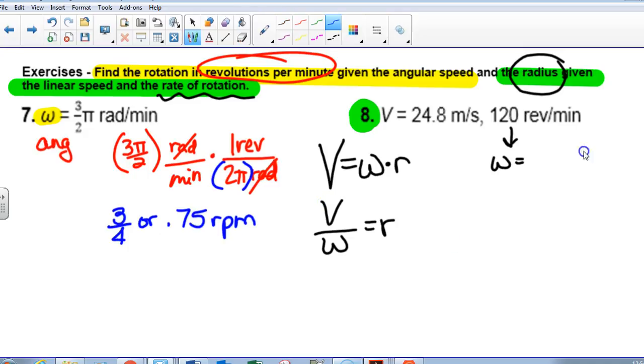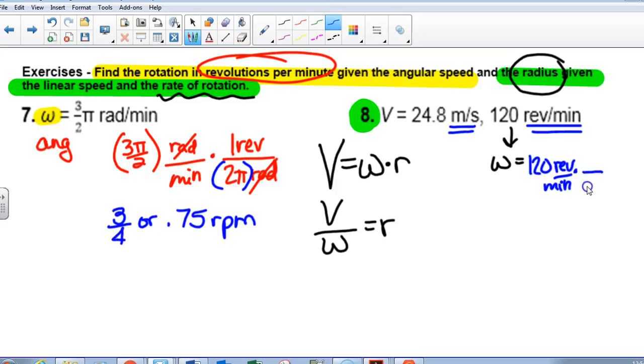Now there's kind of a hot mess here because we have meters per second and revolutions per minute. So before we can divide, we need some kind of common unit, but we also need to change this to what? It doesn't become an omega or an angular velocity until it's in radians. So I gotta write kind of small because we need to do a couple conversions here. 120 revolutions per minute.